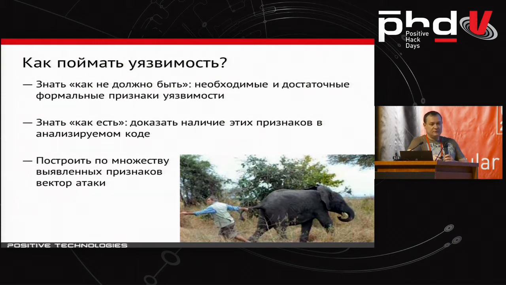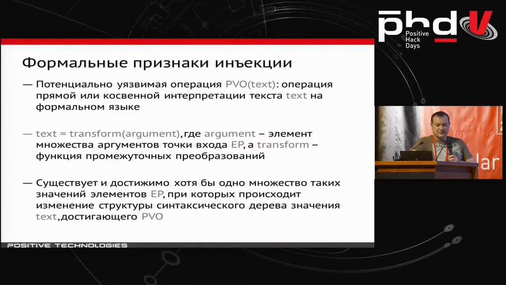so that we could say, yes, this code has a vulnerability. Then we should understand how it really is, because it's not always that you can take a code, analyze it and say, yes, we have signs here, or no, we don't. And once we can, we should build the attack vector and confirm the vulnerability. Take the formal signs of an injection.